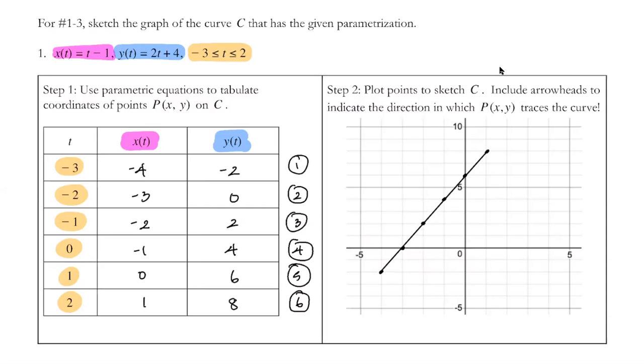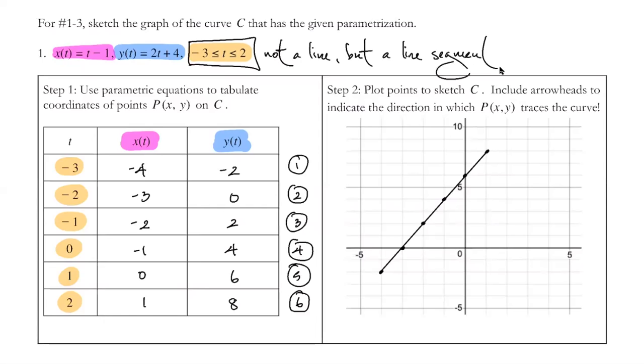If you draw anything shorter than this, that's wrong. Okay. So this interval right here means that we don't have a line. So it's not a line, but a line segment. So it has to have a start, it has to have a stop.